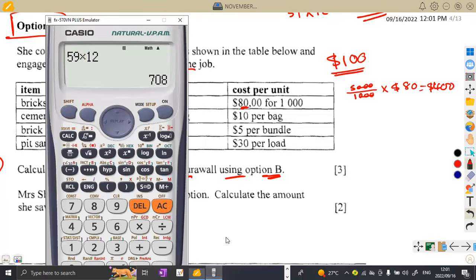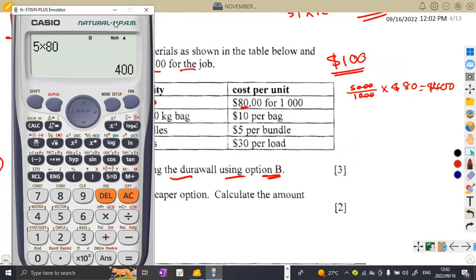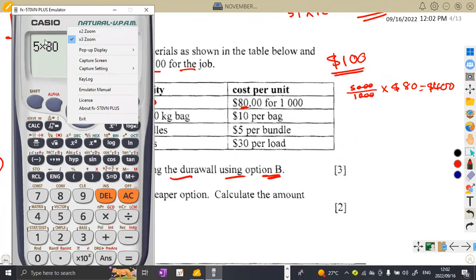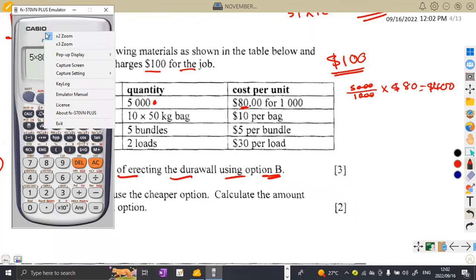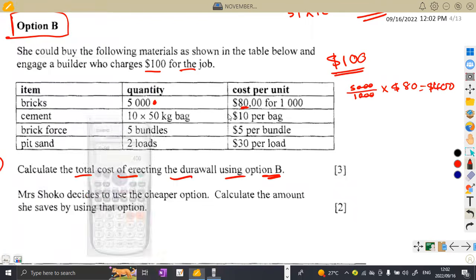Oh, but we have our calculator here. 5 by 80, that's 400. Okay, so that's 400 that we are having. All right, anyways, it's fine. I'm just going to zoom a little bit. I think it's clear. All right, so that is what we had from the bricks.